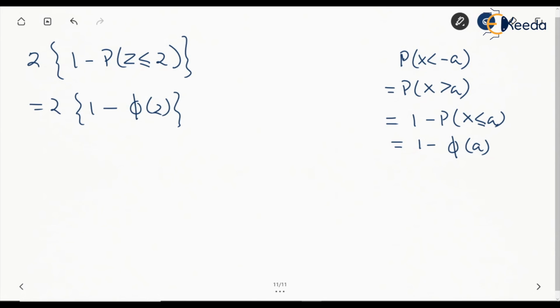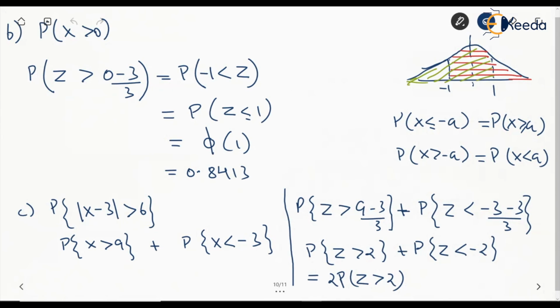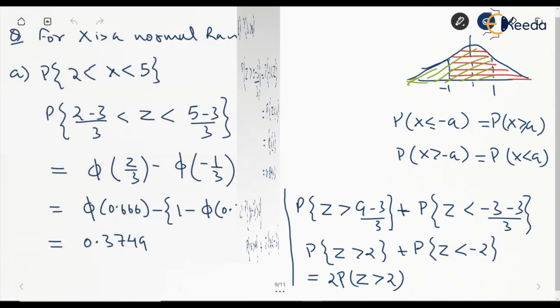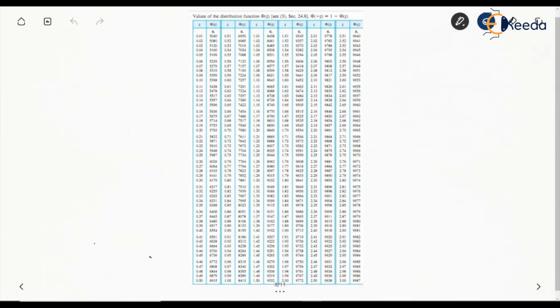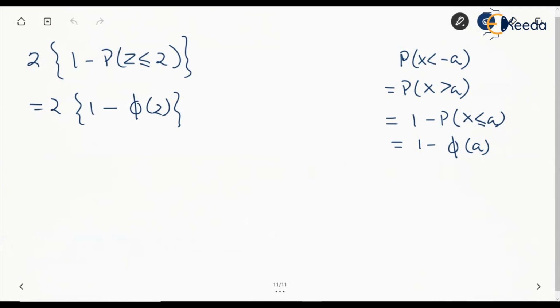Of course, we can refer the value for 2, which is 0.9772. So this is 2 into 1 minus 0.9772, and this will give you 0.0456, right?